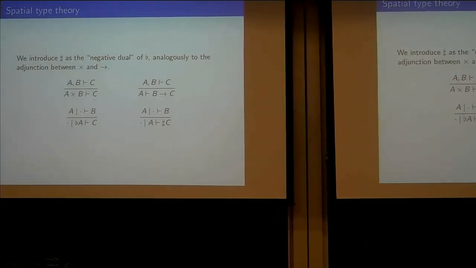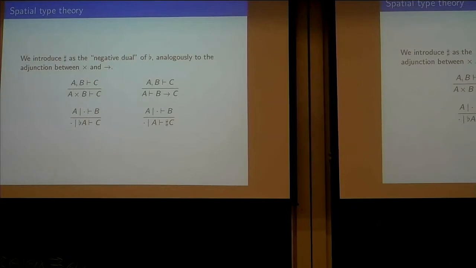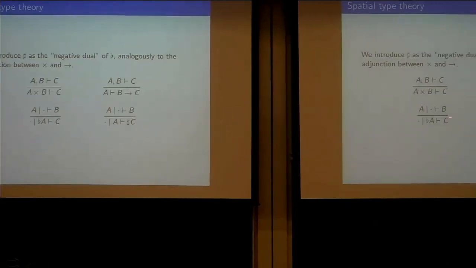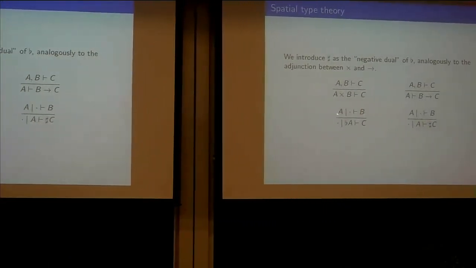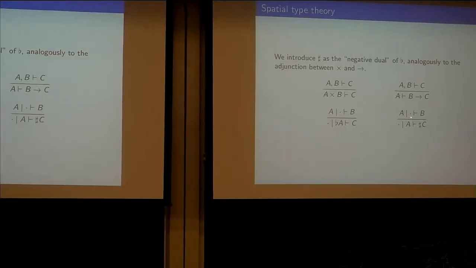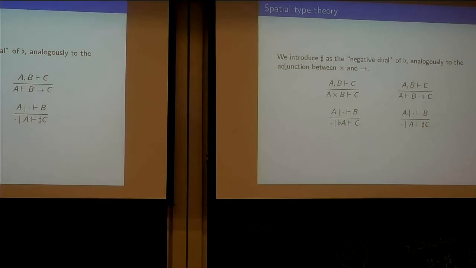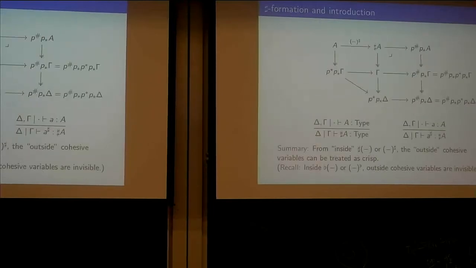It's sort of right adjoint in some sense, and in the same way, they both internalize some judgmental structure here. They both internalize the crisp variables here by putting a flat on the C, or by putting a sharp on the B. In the same way here, we put times on the left with an arrow on the left.